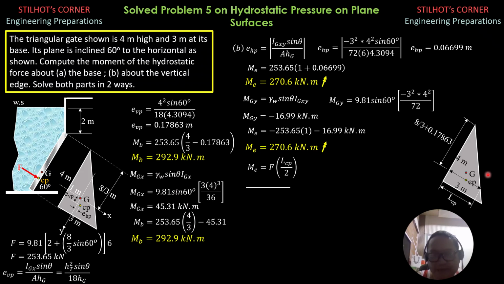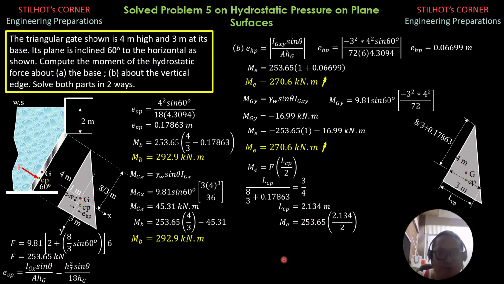To solve for L sub Cp, by similar triangles, L sub Cp is to 8/3 plus 0.17863 as 3 is to 4. So L sub Cp is equal to 2.134 meters. Substitute there. Moment is 253.65 times 2.134 over 2.